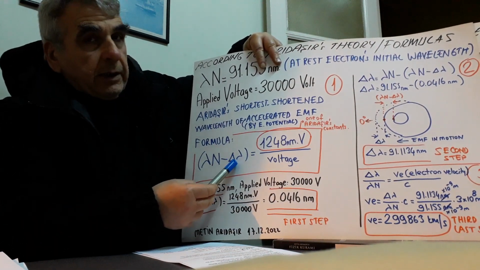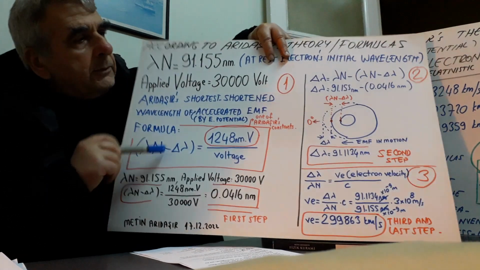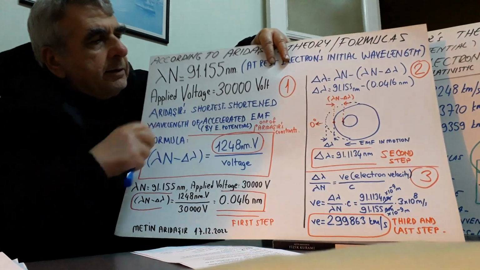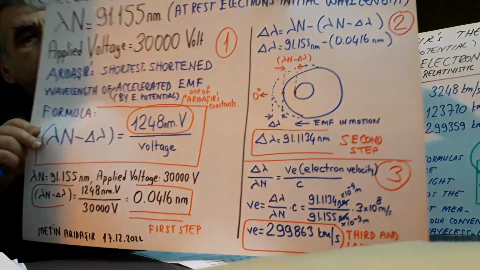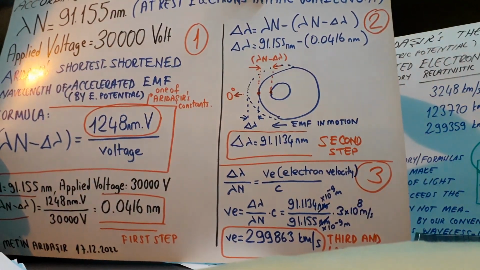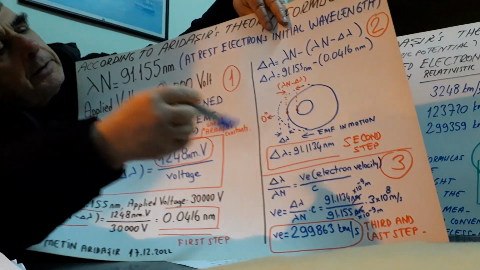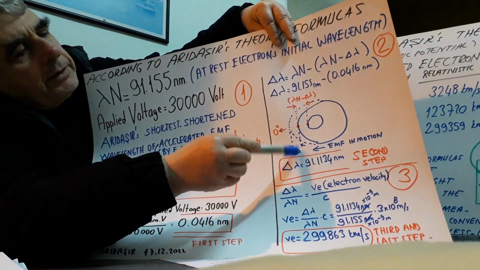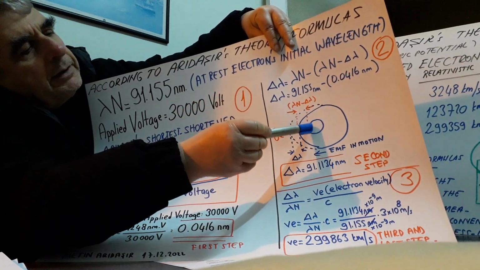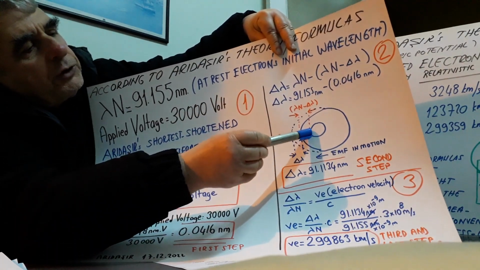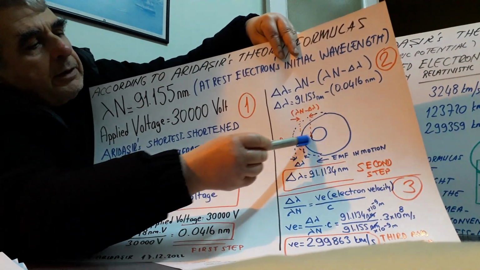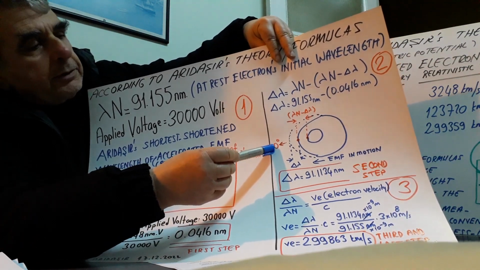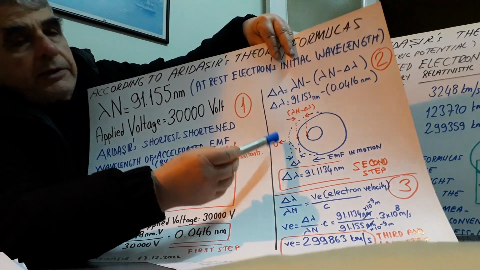What is delta lambda? Look at that, you see delta lambda. We must find this. And lambda normal minus delta lambda is the shortest shortened wavelength in the direction of the electron motion form's motion, in the direction of 0 degree.